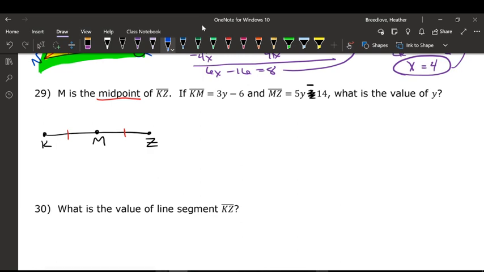All right, so once I draw a picture, even though it's a very simple picture, it makes this problem a lot easier. KM is 3y minus 6. And MZ is 5y minus 14.